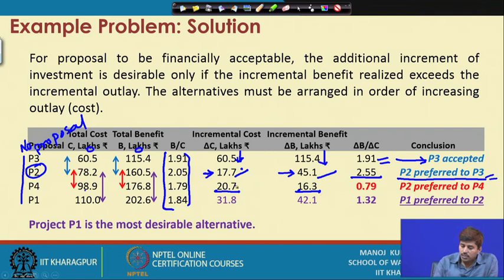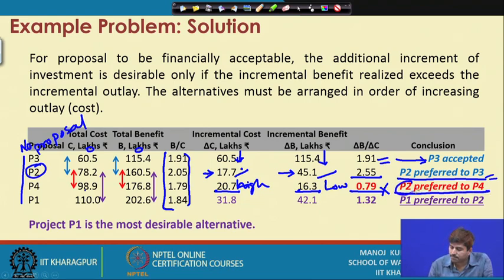You see the additional cost here is high and the benefits are relatively low. That gives a benefit cost ratio less than 1 and is not accepted. So, P2 is still preferred to P4, and my choice still remains P2.